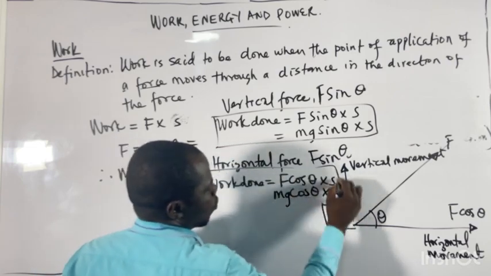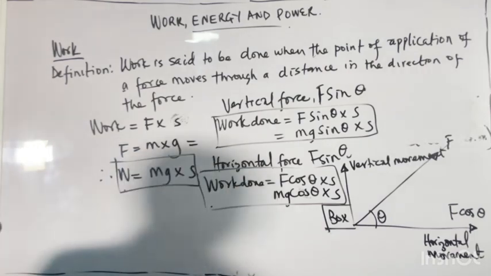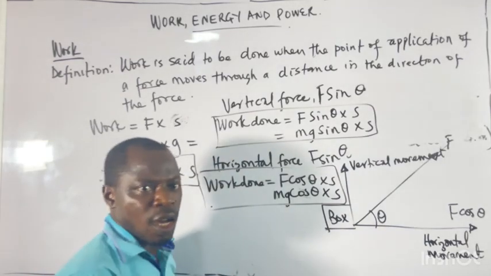Also, let's take note of that formula, even with what we have explained there as well. All these are what we are going to apply when we are solving questions under work.